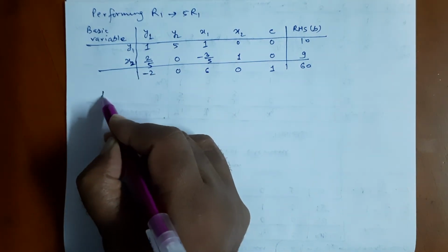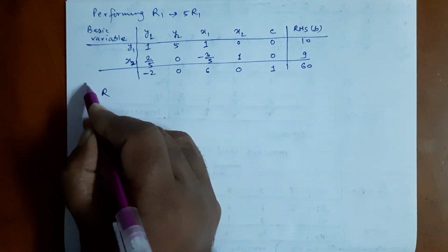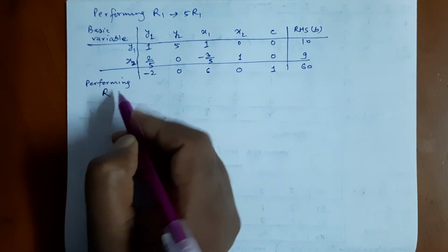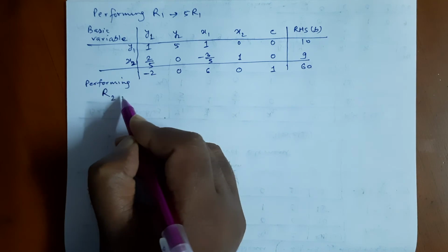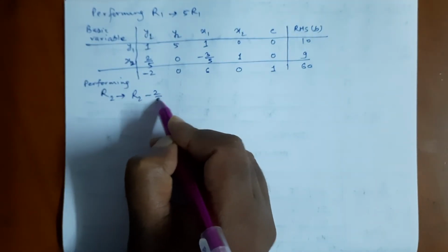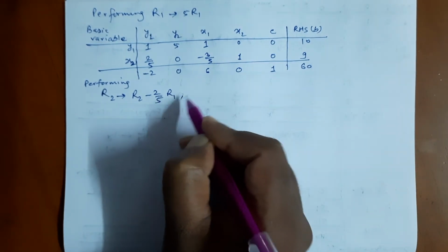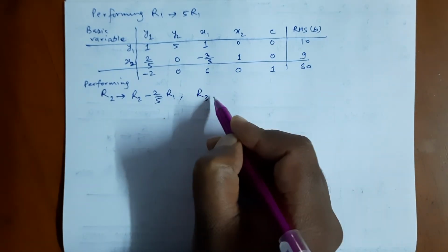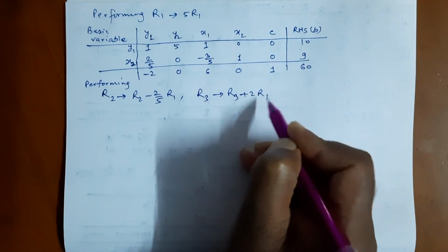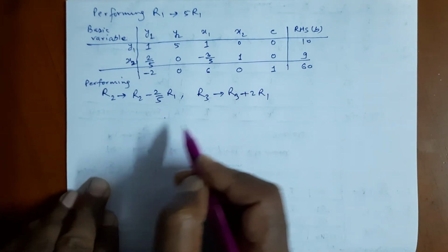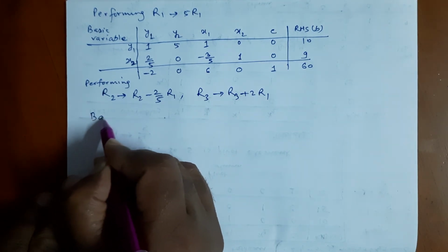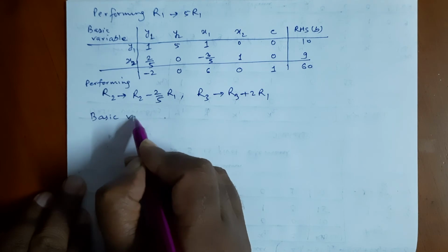So for that we will perform R2 becomes R2 minus 2 over 5 R1, and R3 becomes R3 plus 2R1. This operation we will carry out, and now we'll copy the table and carry out the same operation.